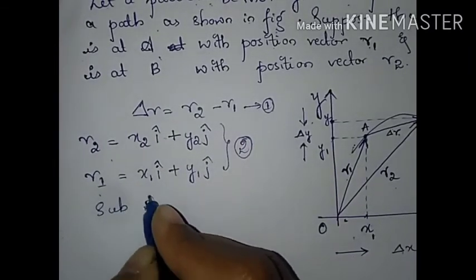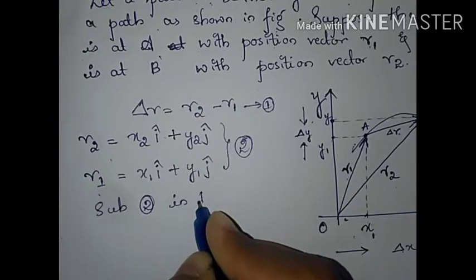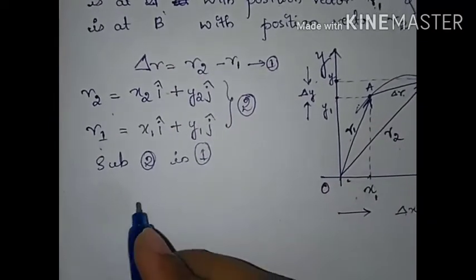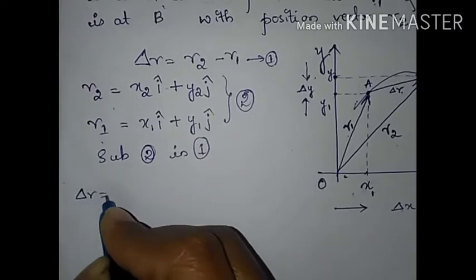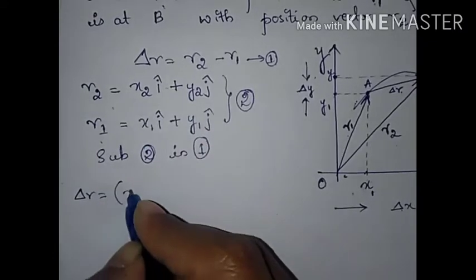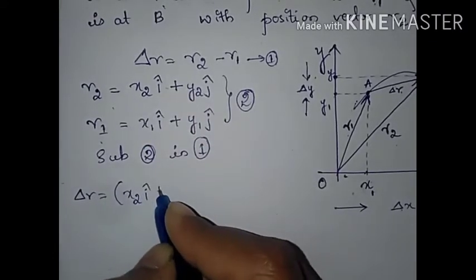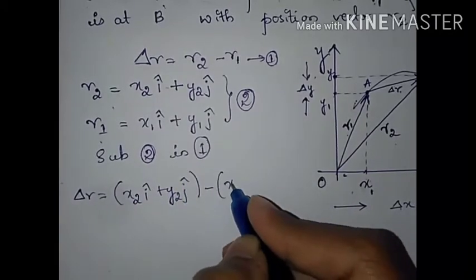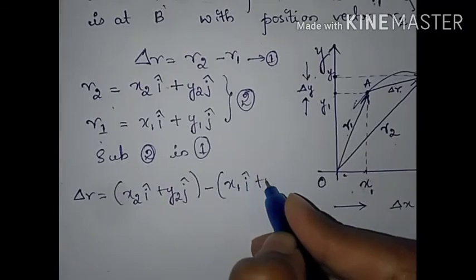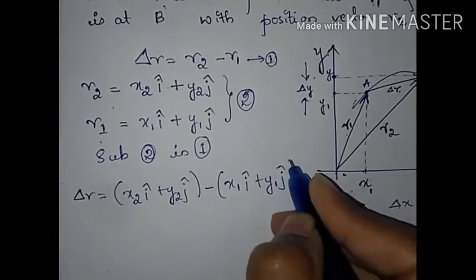Substitute 2 in 1. Then what you will get? You will get delta r is equals to r2 minus r1, that is x2 I cap plus y2 j cap minus x1 I cap plus y1 j cap.